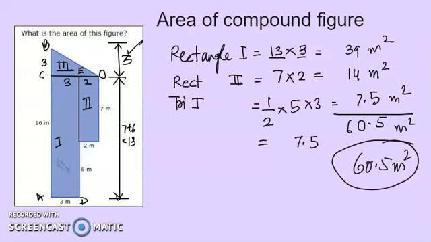You might have noticed my steps, how I calculated. You have to divide the entire figure into triangles or rectangles or squares and then find the area of each of them and then add them separately.